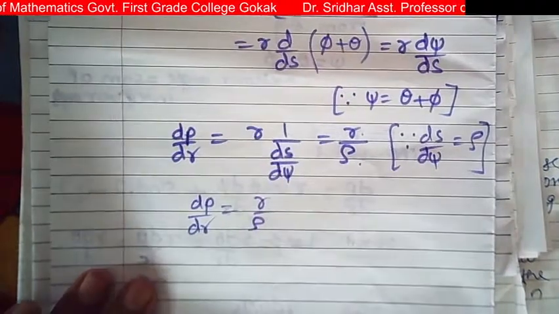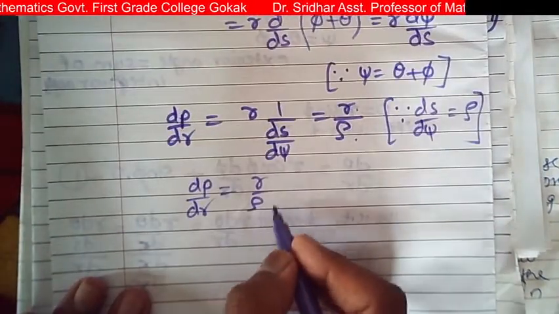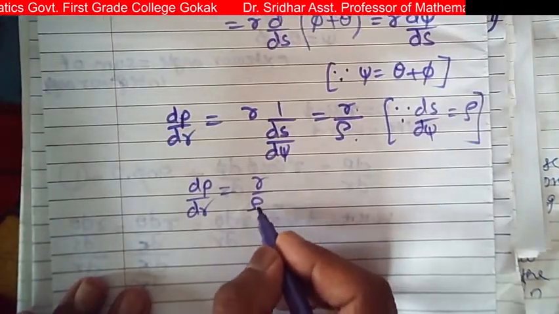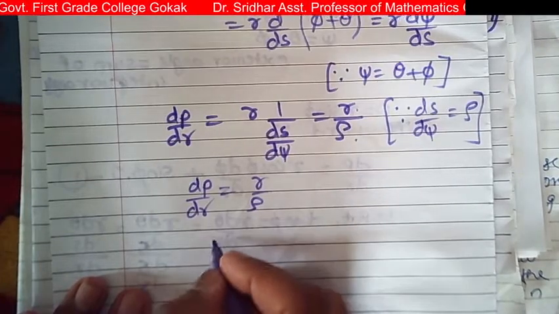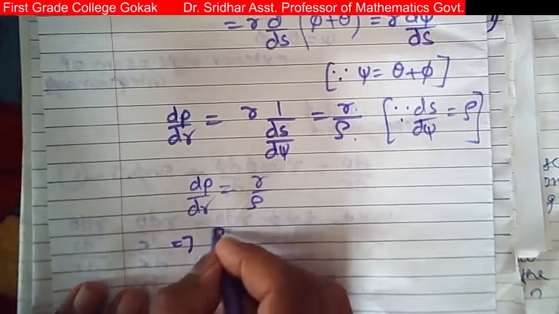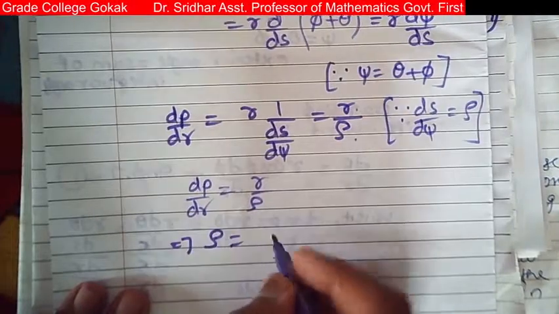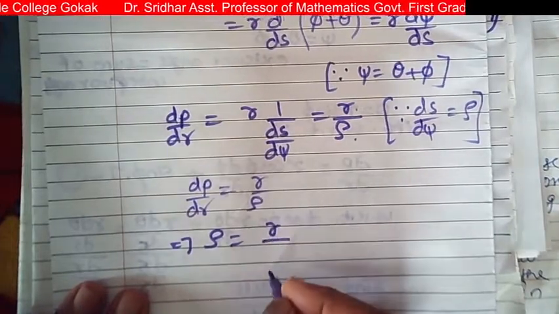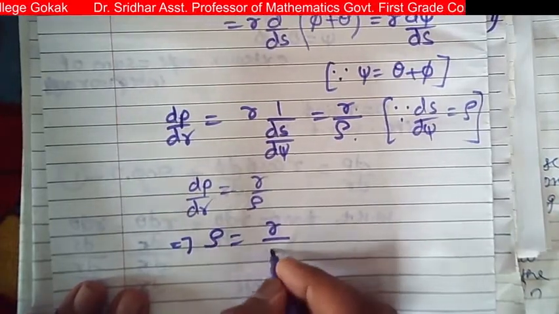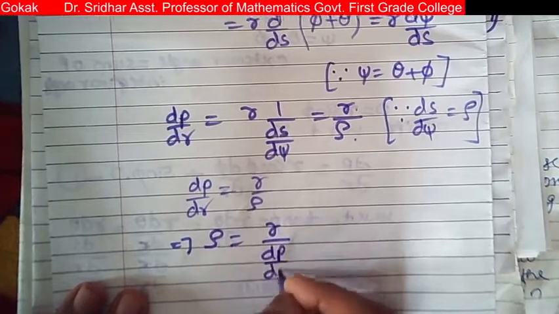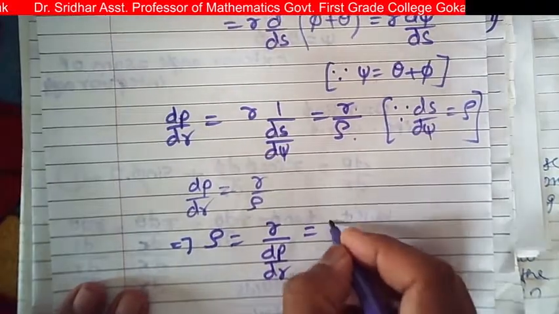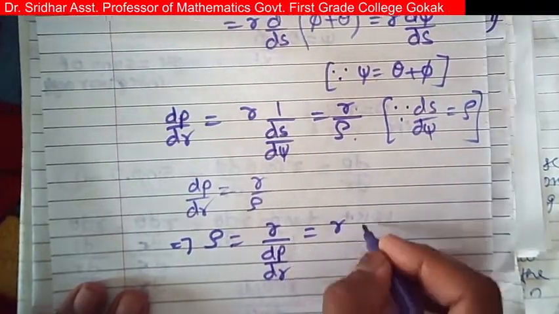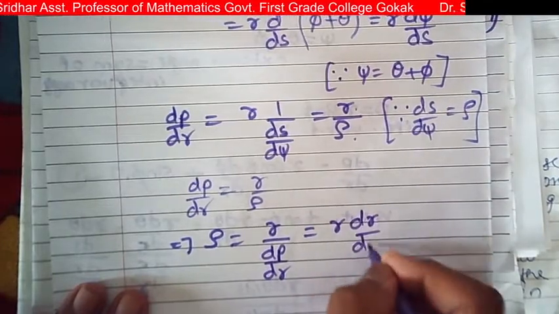Now we need the expression for the radius of curvature. From this equation, cross multiplying, rho is equal to r divided by dp by dr, which is the same as r into dr by dp.